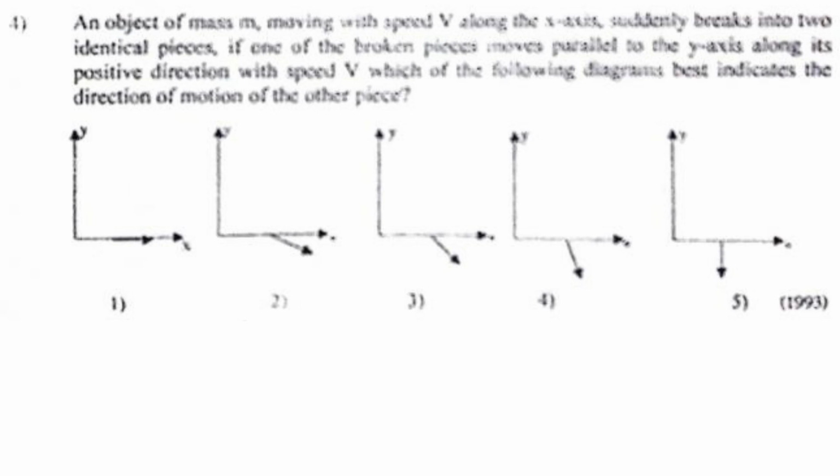Then question number 4. An object of mass m moving with speed v along the x-axis suddenly breaks into two identical pieces.